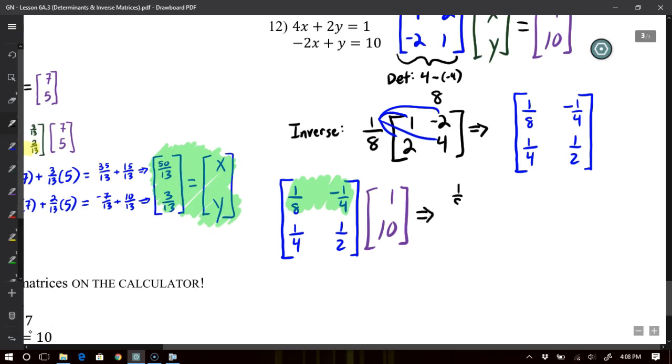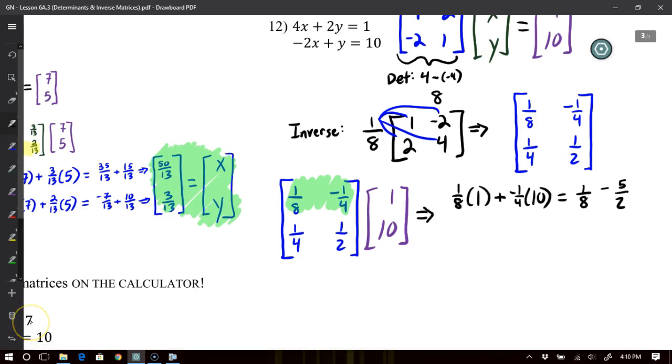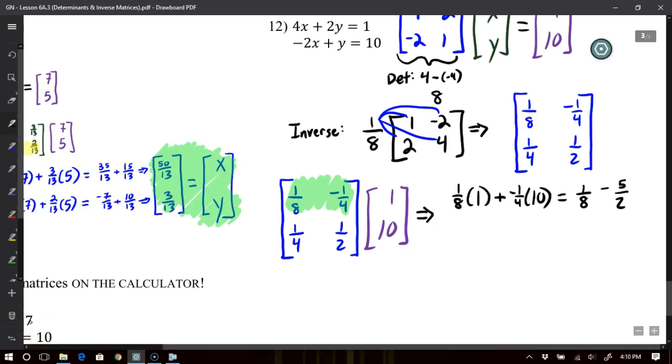So I have 1/8 times 1 plus negative 1/4 times 10. That's going to give me 1/8, minus 10/4, which is going to be negative 5/2. Doing some quick calculations, 1/8 minus 5/2 is going to give me negative 19/8.